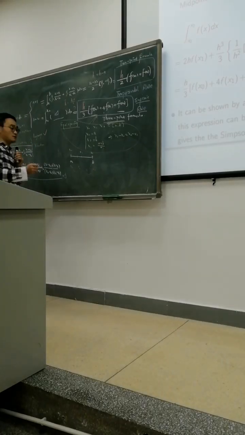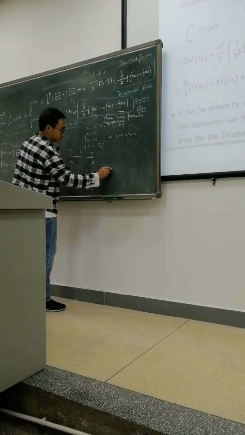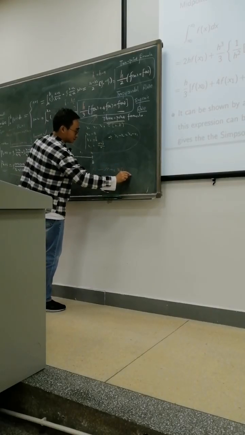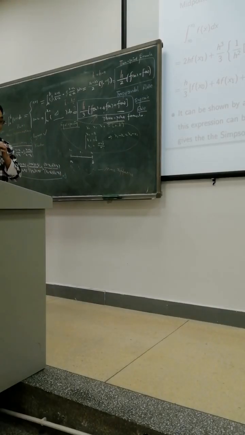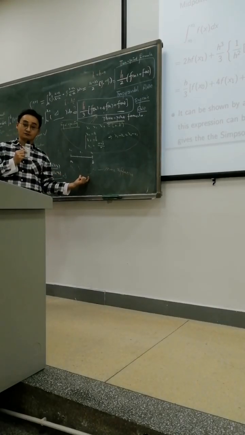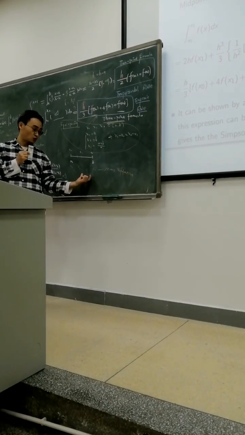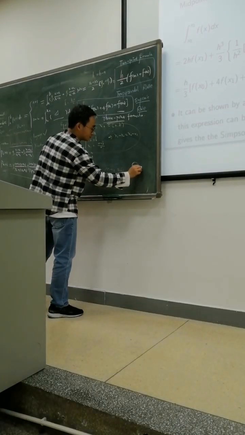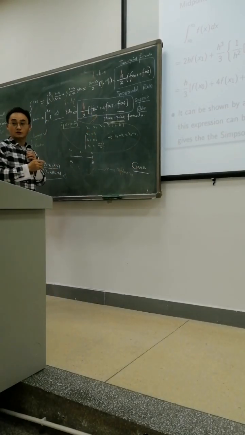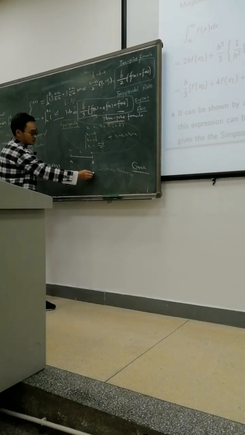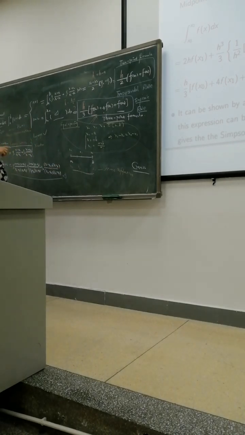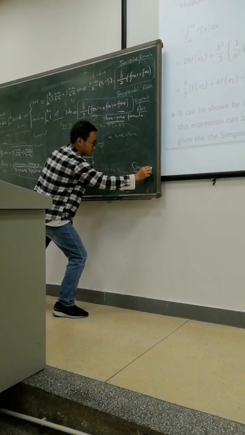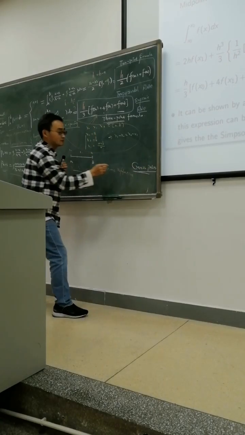Sometimes we can make it a more effective method. There exists a more effective method that is called the Gauss method. Sometimes we call these points Gauss points.